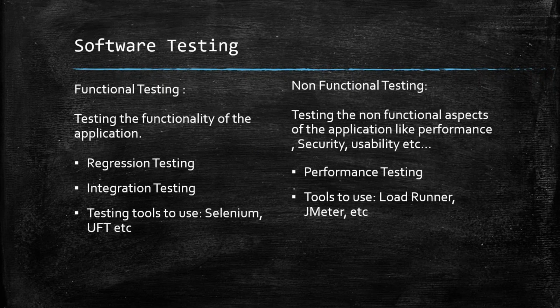Functional testing is all about testing the functionality of the application. It includes regression testing, integration testing, etc. And the tools we use to test are Selenium, UFT, and so on. You might have heard about these tools. These tools are part of functional testing.